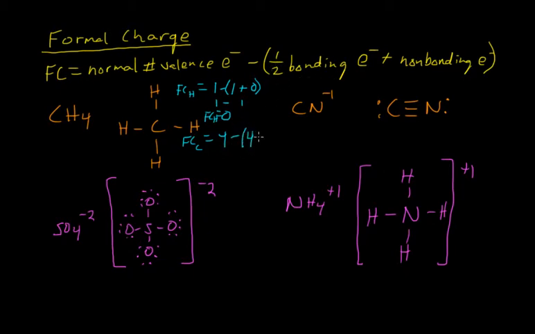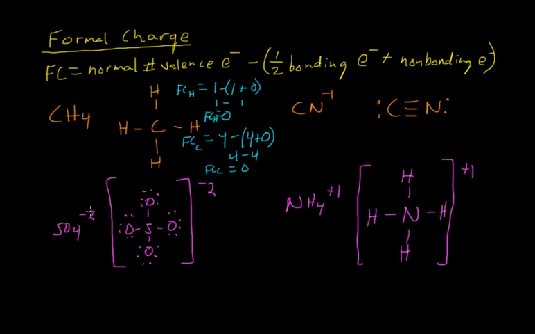So I'm going to say 4 plus non-bonding. Well, carbon doesn't have any electrons that it's not sharing with other elements, so that's going to be 0. So 4 plus 0 is 4, and 4 minus 4 gives me a formal charge on the carbon of 0.